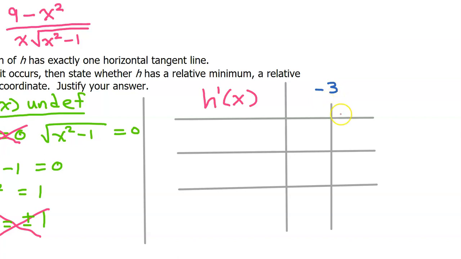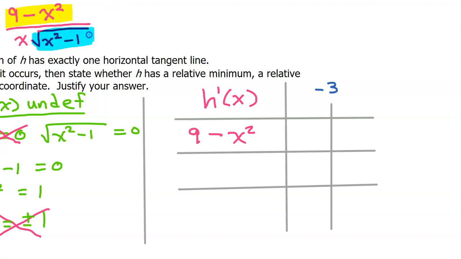So here's negative 3 on this little number line. I am going to have 3 rows on my sign chart because I'm looking at the following 3 factors. I have this one factor in the numerator, so that's going to be 9 minus x squared. But then in the denominator, I have 2 factors.